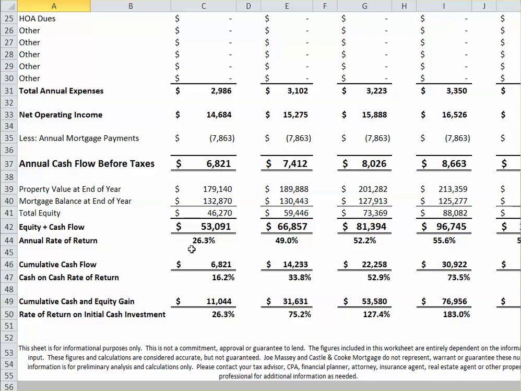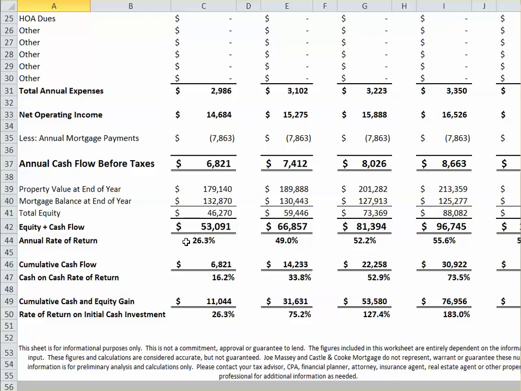Very, very important to understand. This is why so many people make so much money in real estate: they understand what their rate of return is, which is a combination of the property going up in value over time, the mortgage balance going down, and the annual cash flow.